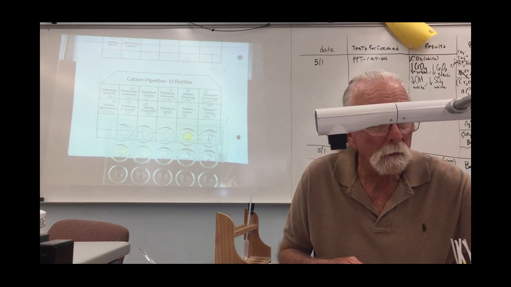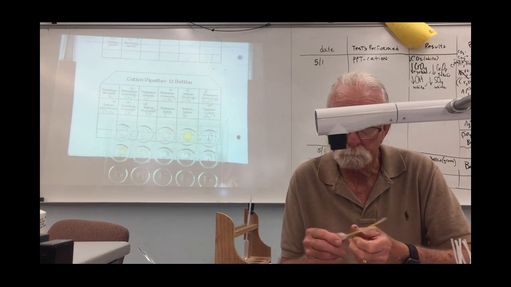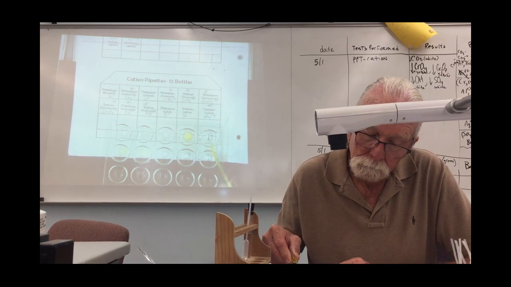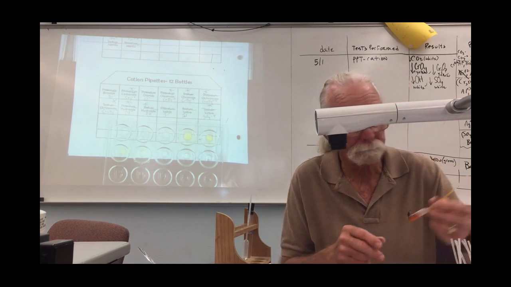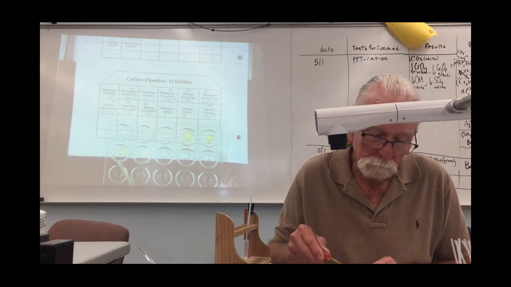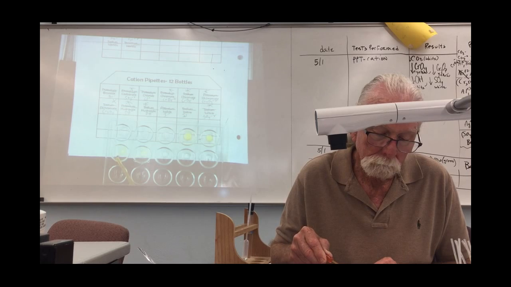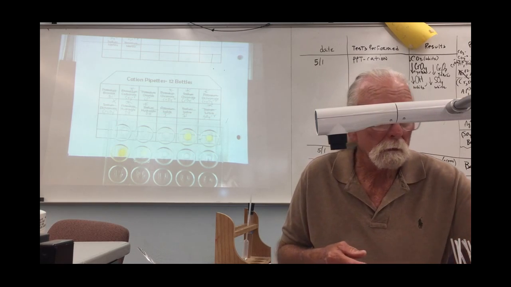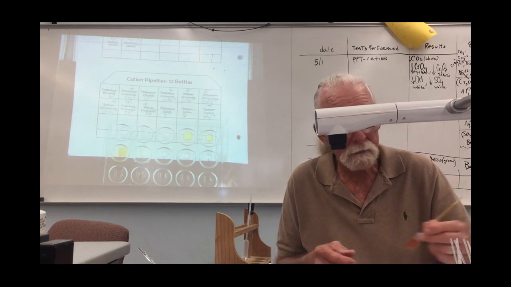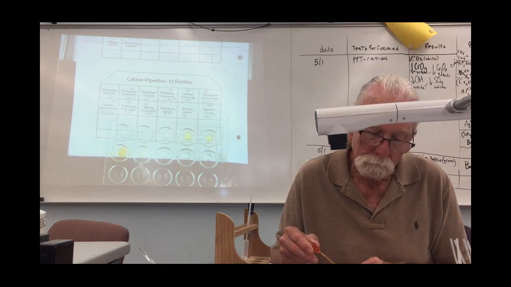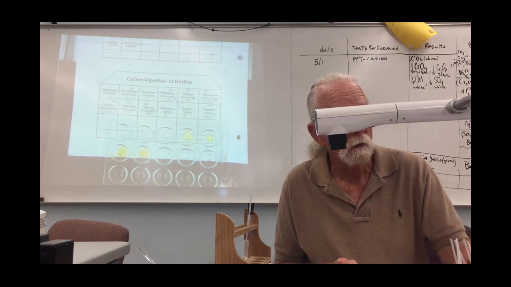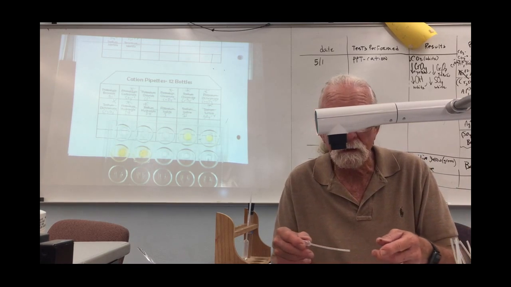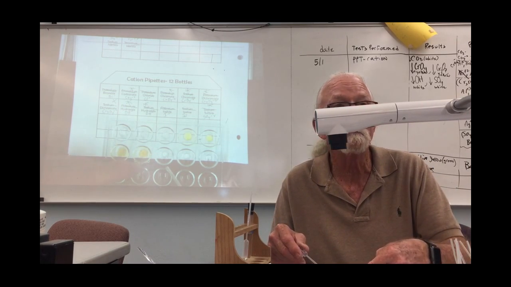This is my unknown with chromate again. This is my unknown with dichromate. This is my unknown with dichromate again. Notice I'm just putting one small drop and I'm never touching the end of the dropper to the drop.